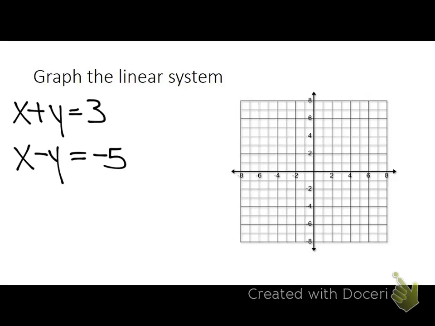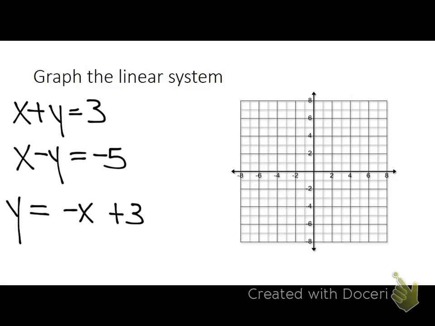Are these in function form, guys? No. How would I write the first one in function form? Subtract x. Well, you don't have to because y is by itself. Negative x plus 3.